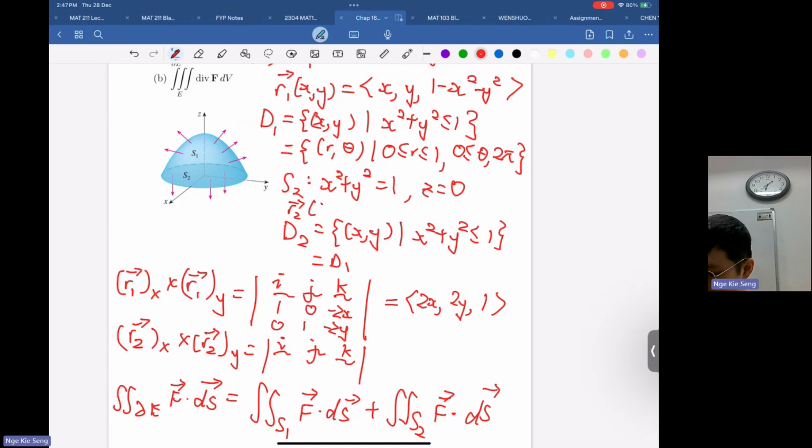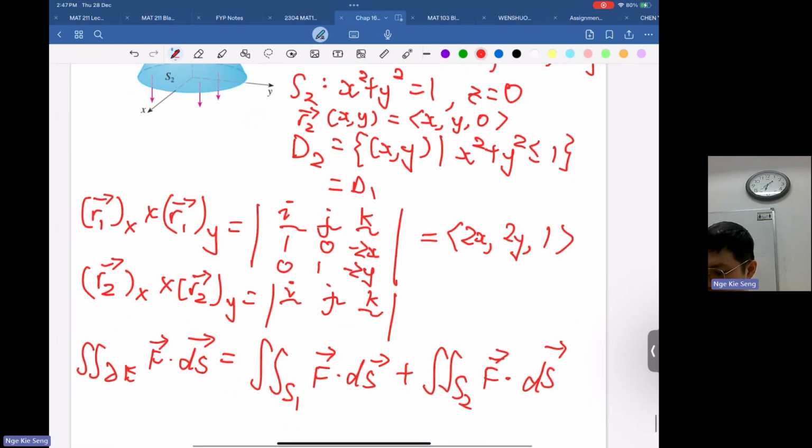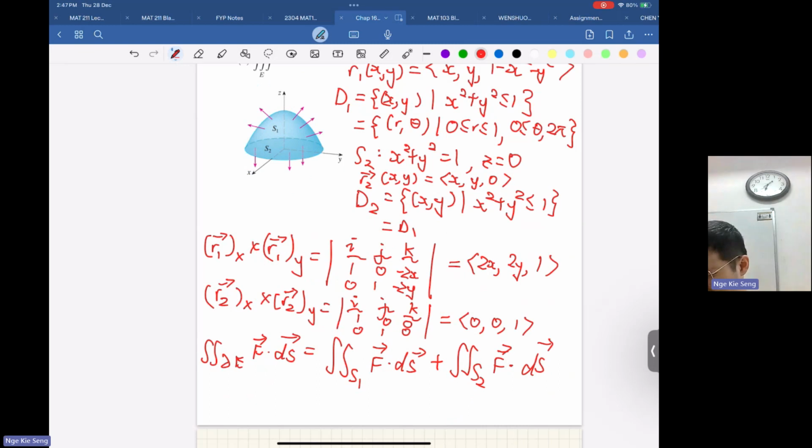So r2x is really just x, y, and 0. So you've got 1, 0, 0, and 0, 1, 0. What do you get from here? 0, 0, 1. But 0, 0, 1, remember, is pointing where? 0, 0, 1 should be pointing up. But on this bottom here, we want it to point down.